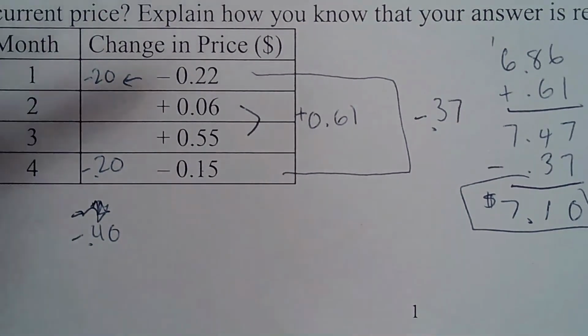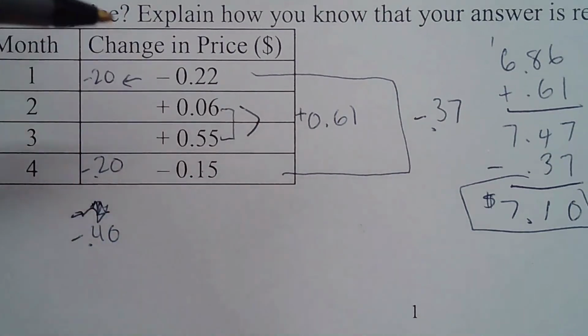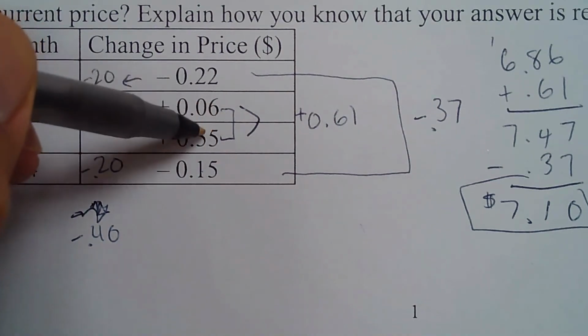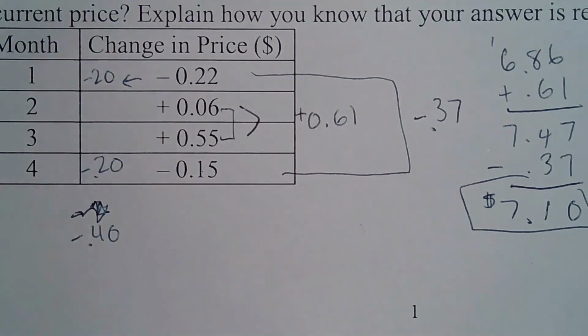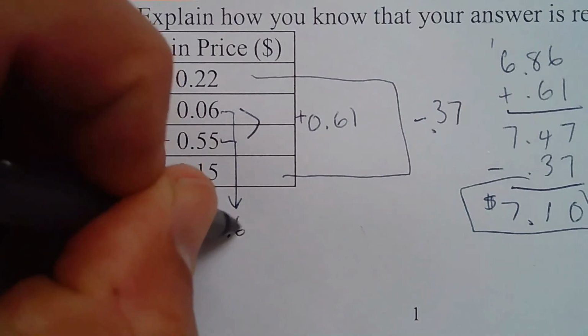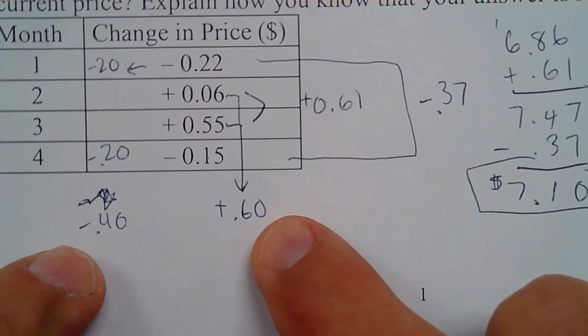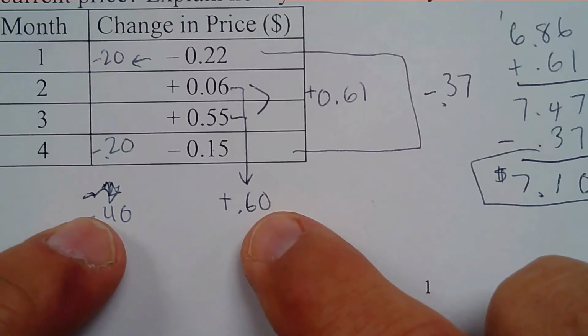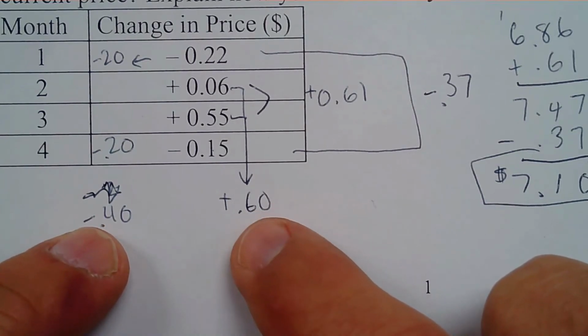Okay. Now, how about these here? Maybe I might make that going up 60 cents instead of 61, just easy numbers. Maybe this is going up about 60 cents. Now, when I look at this, just estimating the change, that means it's going up about 20 cents.